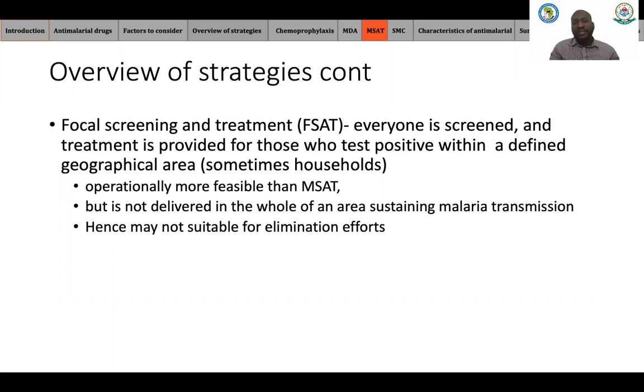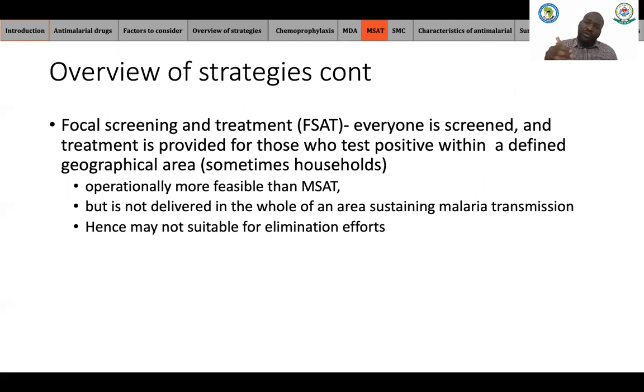This is another example in Zanzibar that would, in many other places, take a person who comes to the hospital and tests positive, and then they would go to their home and measure whether other people in the family have malaria and treat the family members to make sure that they are also rid of the parasite reservoirs. This is operationally more feasible than mass screening and testing, but it doesn't deliver in a whole area that sustains malaria transmission.